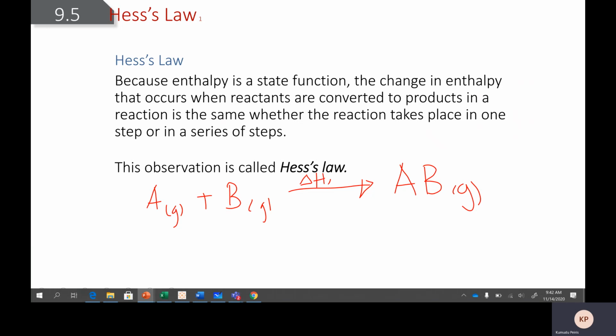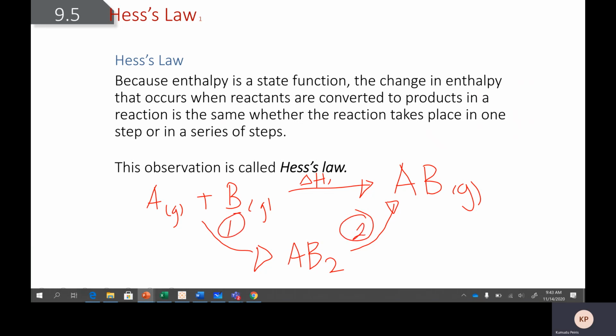Here AB has been synthesized in one step. But if it was synthesized first as AB2 and then AB, it has gone through two steps.